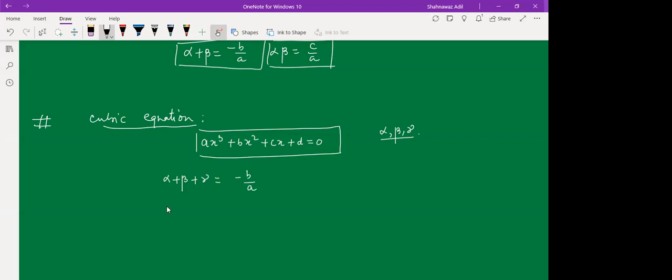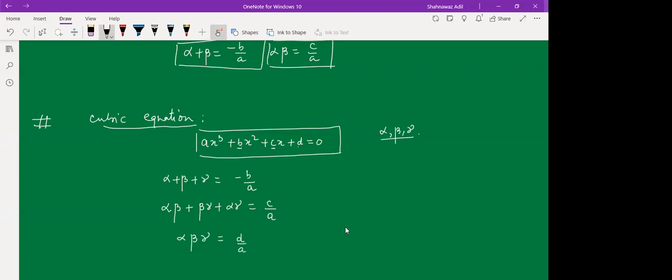And then second is the sum of the products of two zeros taken at a time. So alpha into beta plus beta into gamma plus alpha into gamma. What is the coefficient after B? This is C, so this would be c by a. And if I ask you what is alpha beta gamma, this would be d by a.